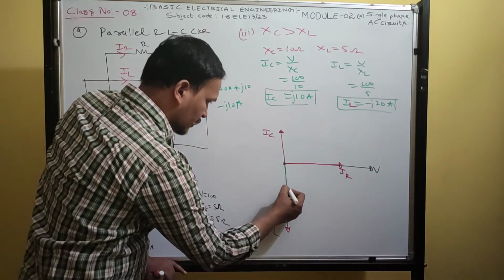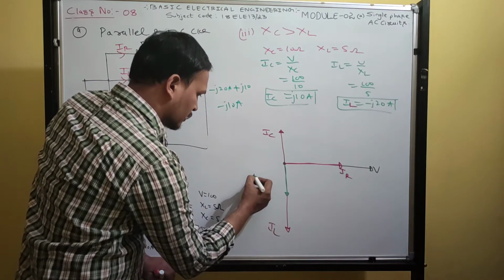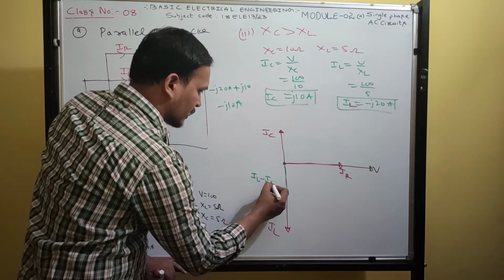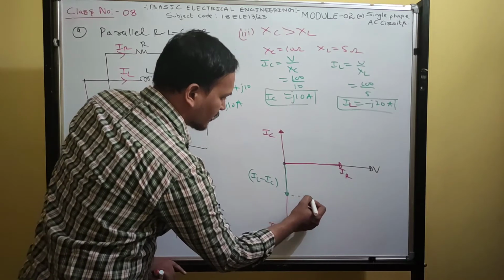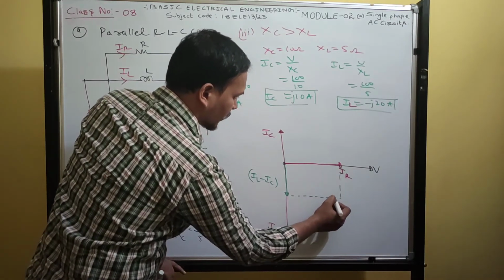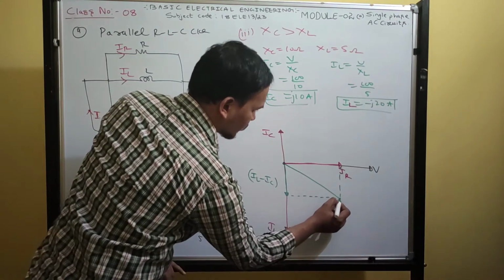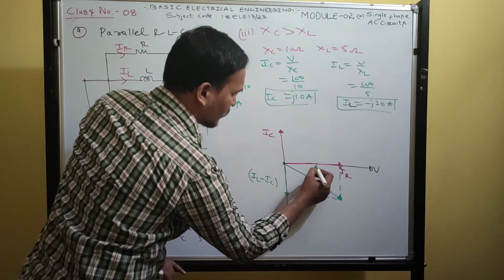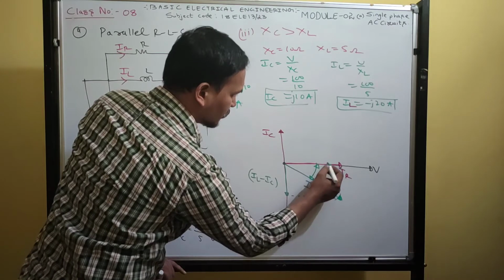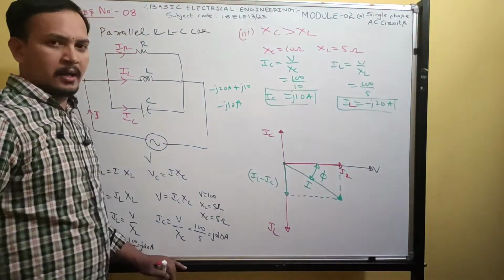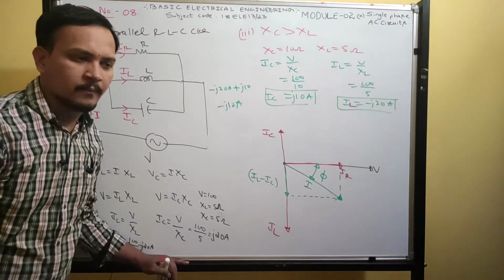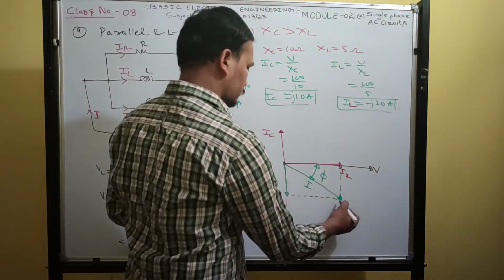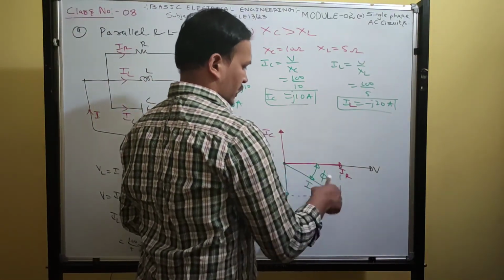So addition of those two, you will get IL minus IC. Do the vector addition of these two components, then you will get a supply current I. The angle between these two is called power factor angle or phase angle. Okay, got it? So give the namings O, E, A, B.